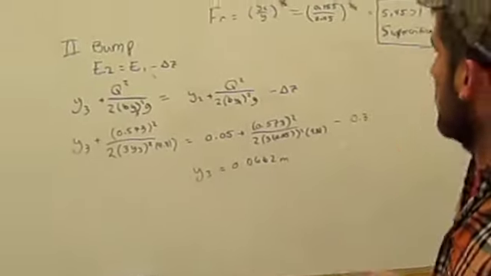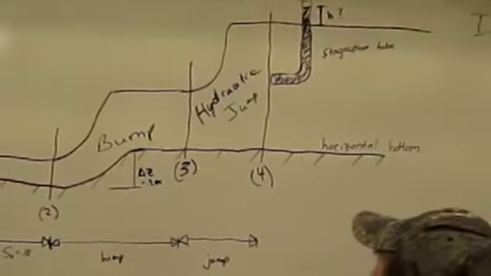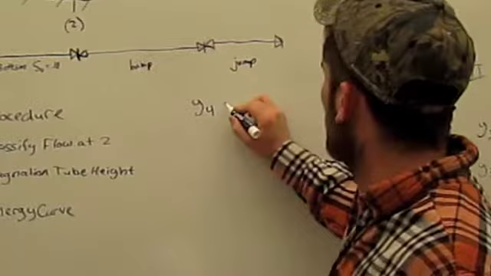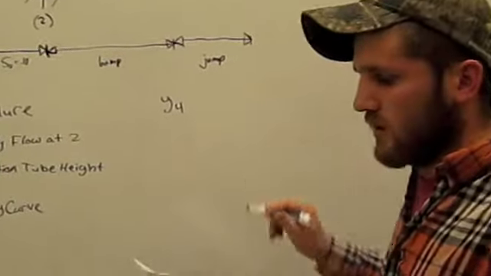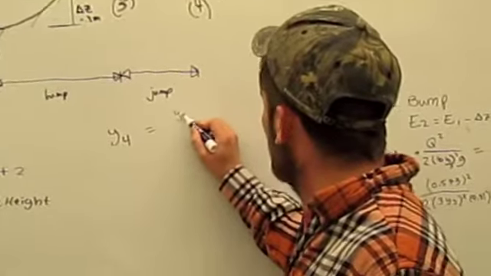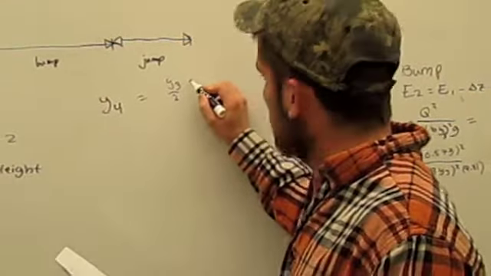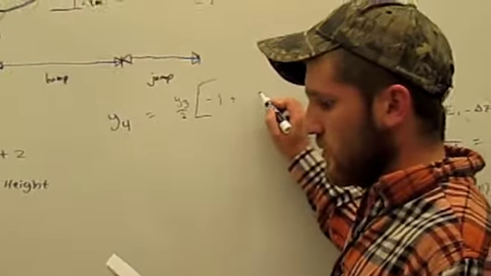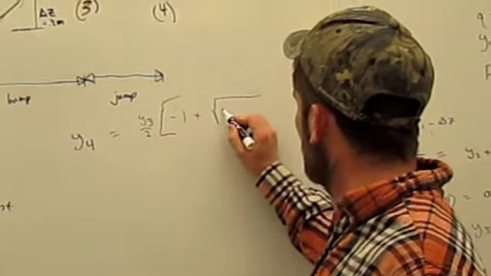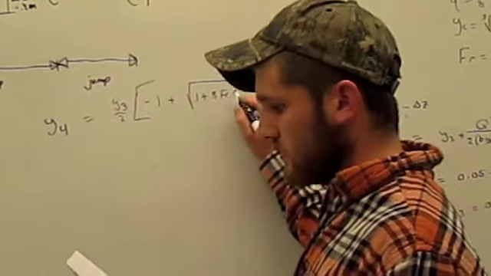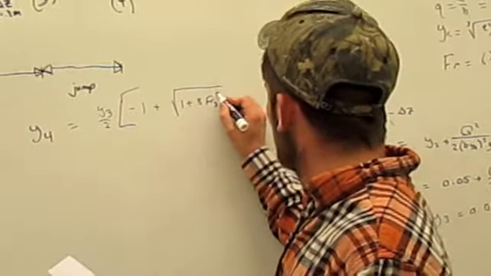From there, we can move on to solving for y at 4. And we'll use a derivation of a momentum equation and Froude number as y4 is equal to y3 over 2 times -1 plus the square root of 1 plus 8 times our Froude number at 3 squared.